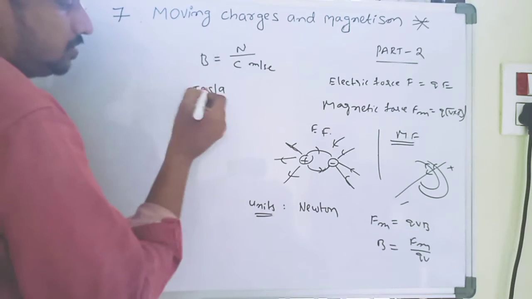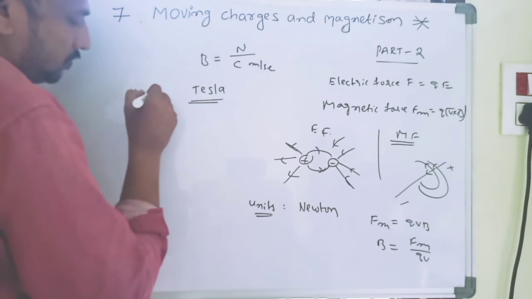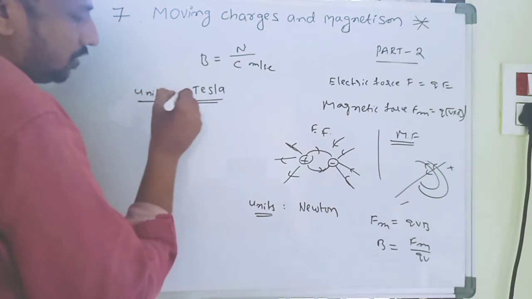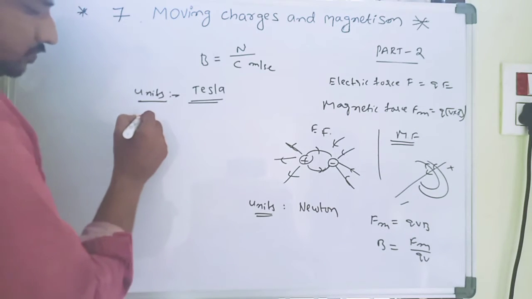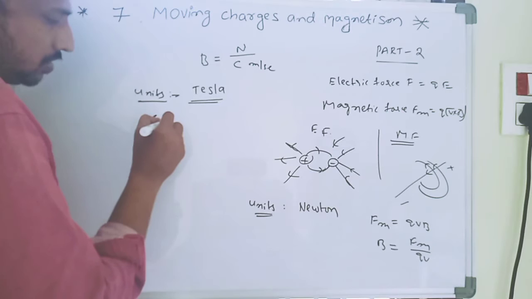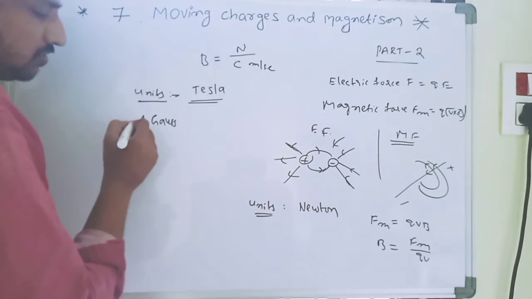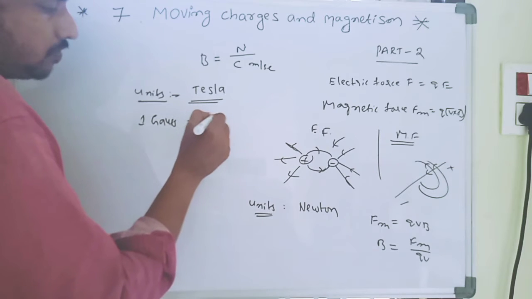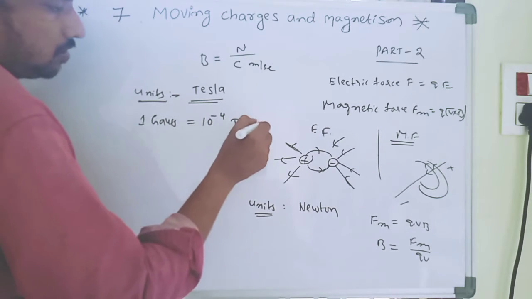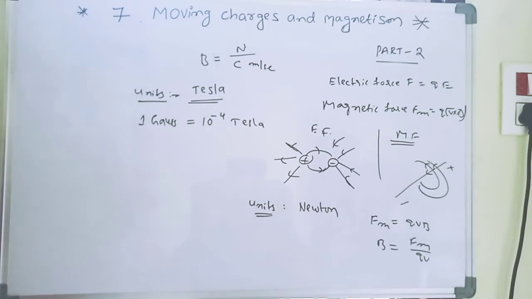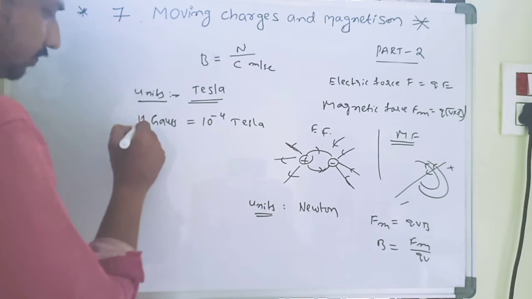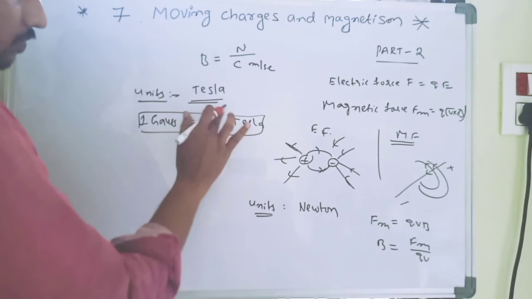So the unit is Tesla, or one Gauss. Gauss also tells about the unit of magnetic field. One Gauss is equal to 10 power minus 4 Tesla. So Gauss is a small unit. One Gauss is 10 power minus 4 Tesla.